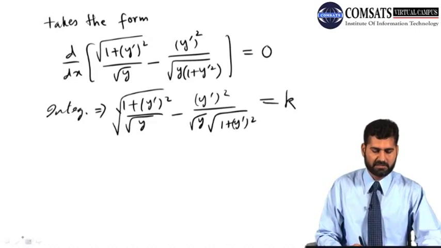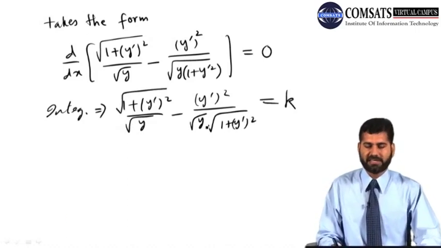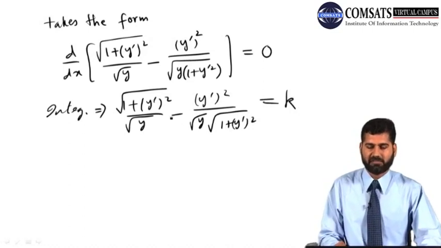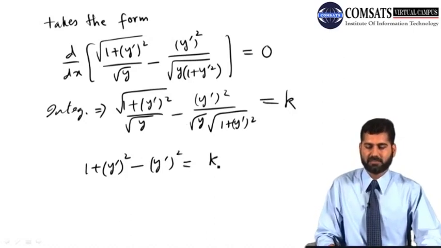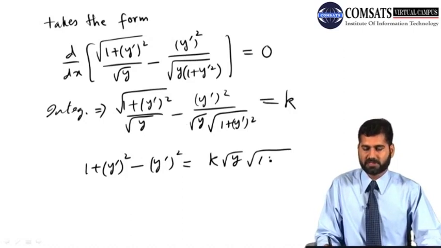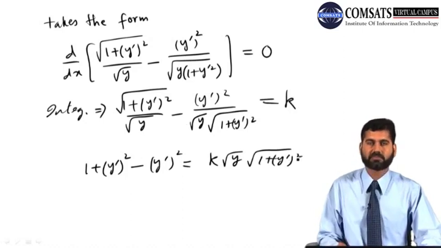Let me write it like this. All right. So now if I take the LCM, cross multiply this whole thing, y and y prime, this y will be cancelled here, and you will be getting 1 plus y prime square minus y prime square is equal to k times square root of y and 1 plus y prime square.